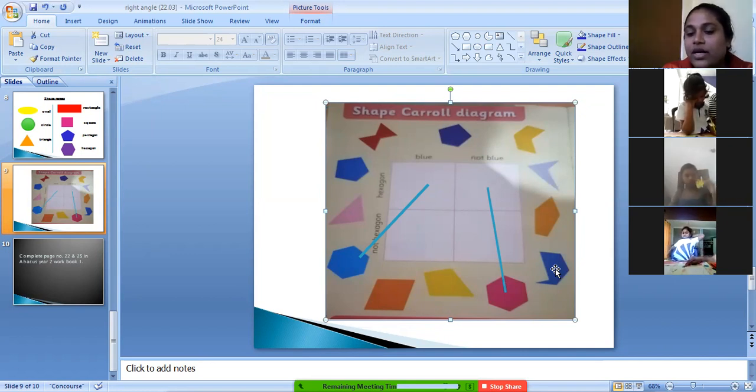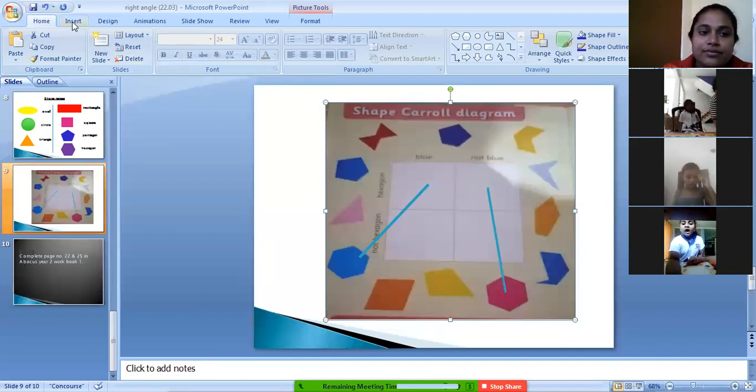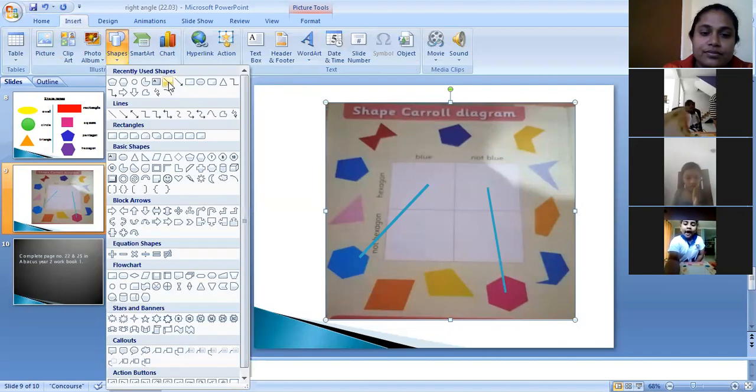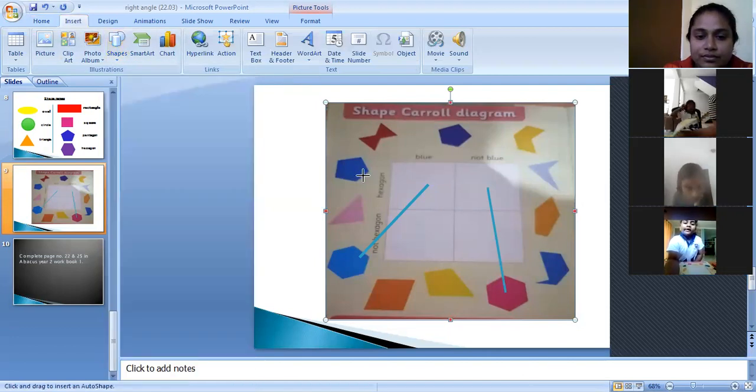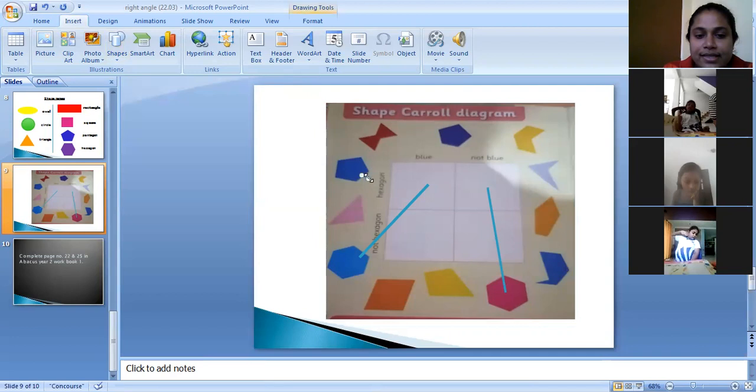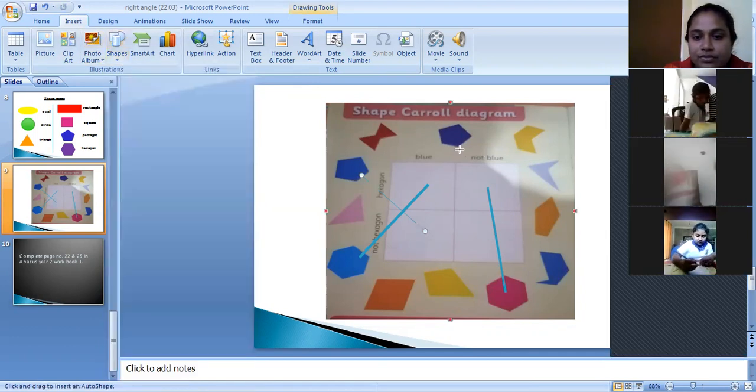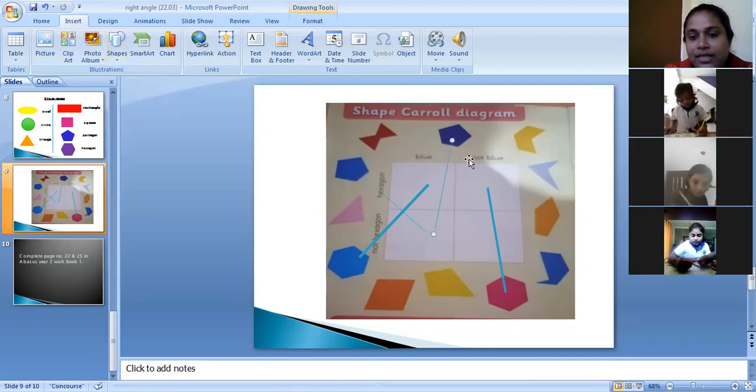You should match all these 4 shapes here. This is also blue, but it is not a hexagon, so we can match it here.